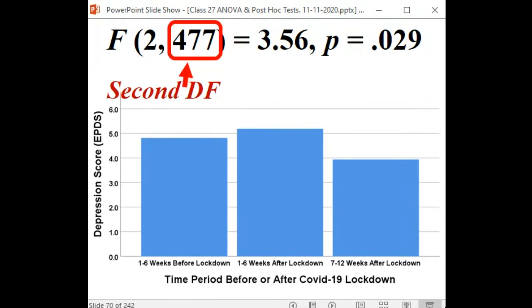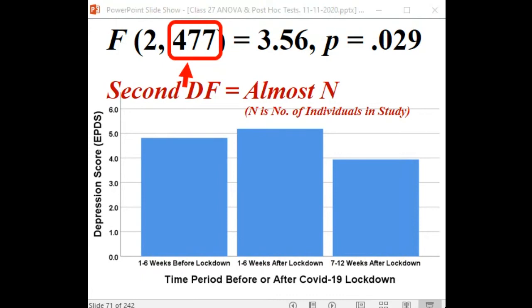The second degree of freedom, which is written on the right side, is almost equal to n. N is the total number of individuals in the study. Now, in this study, there were 160 pregnant women in the first group, 160 in the second group, and 160 in the third group.